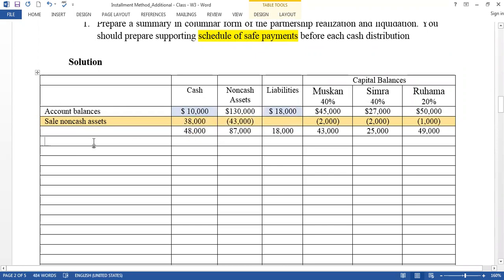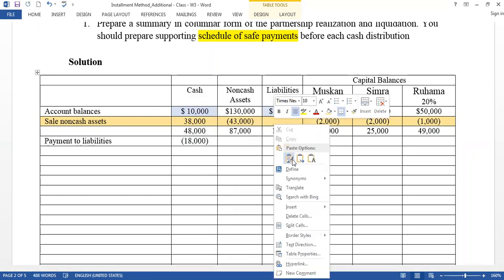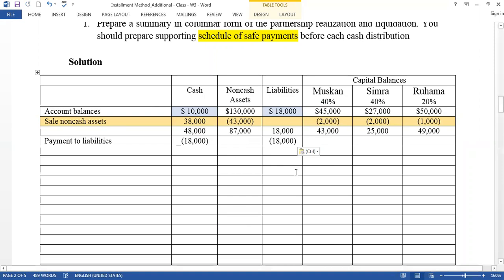Now payment to creditors. So we are going to pay $18,000 to the creditors. Our cash decreases $18,000, and our liabilities decrease $18,000.